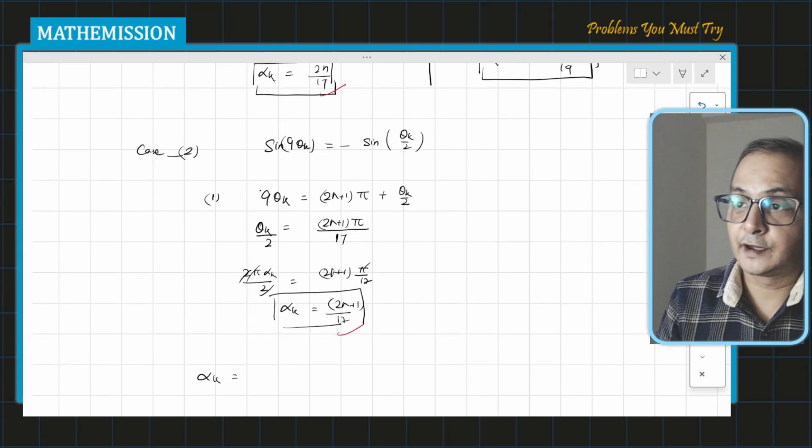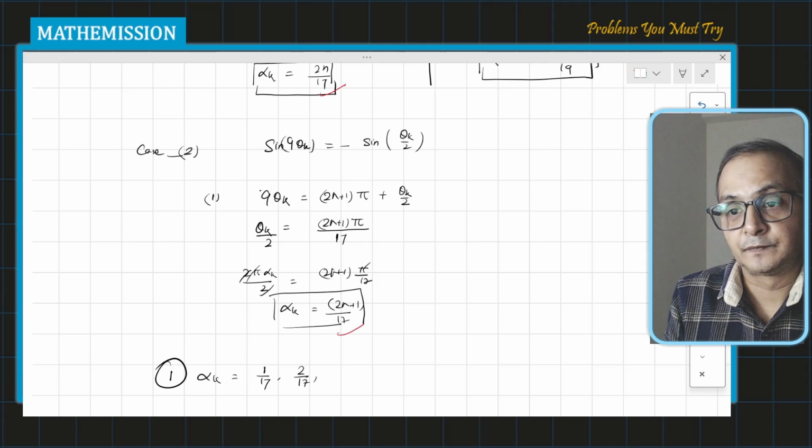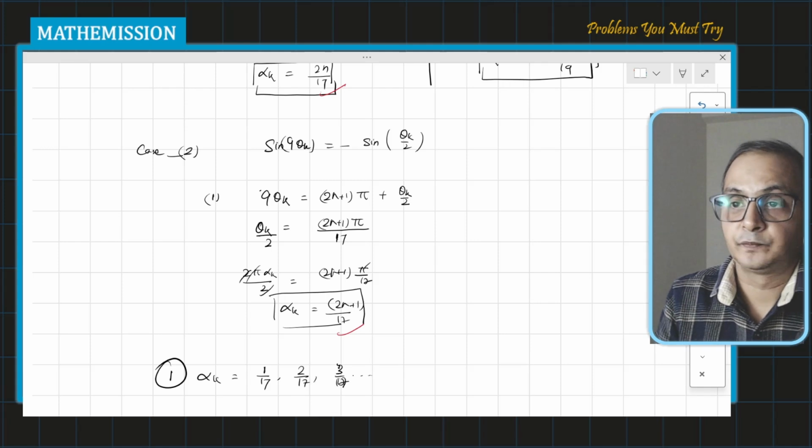It means alpha k in this first group is what? This is 1 by 17, 2 by 17, 3 by 17, and so on.